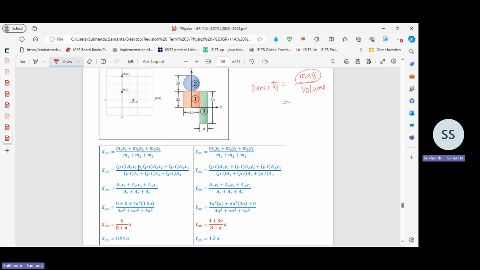So mass is equal to density multiplied by volume. Density is represented by rho, volume is represented by V. And what is your volume? Volume is your area into your length. So just multiply, then you will get your volume.